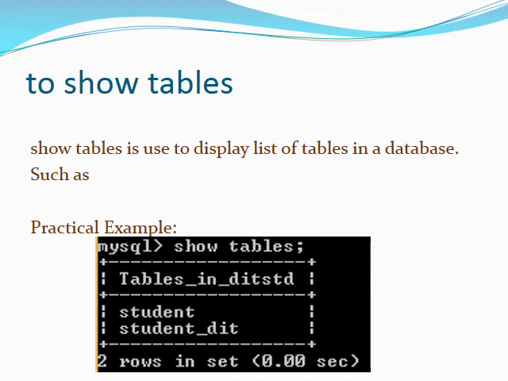Inside the DIT STD database, there are only two tables, student and student_IDIT. So we have two tables inside the DIT STD database. So the show command is used to display the tables inside the database, just show tables. Okay, you must specify a semicolon at the end of every command, in each command at the end.